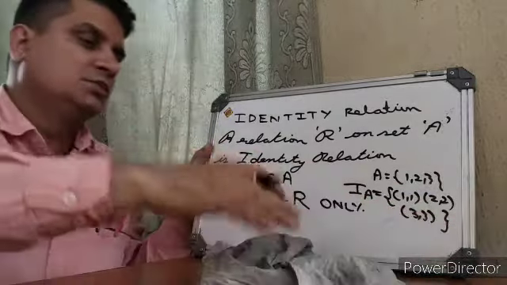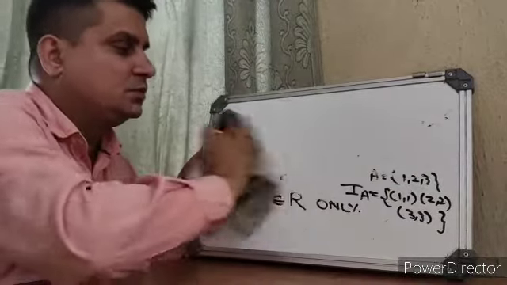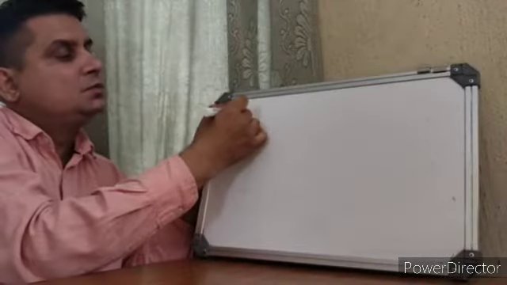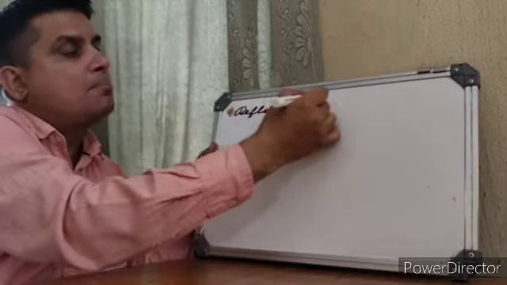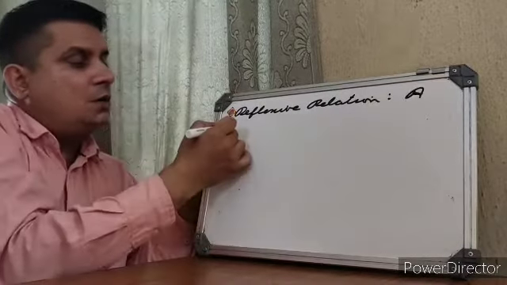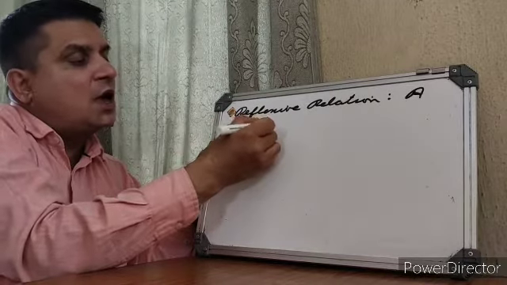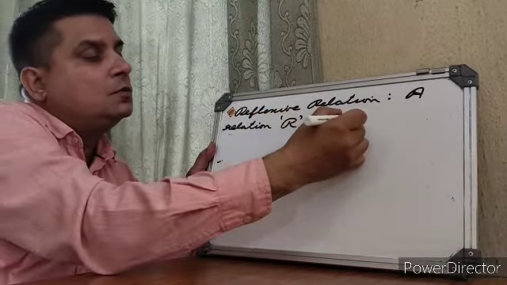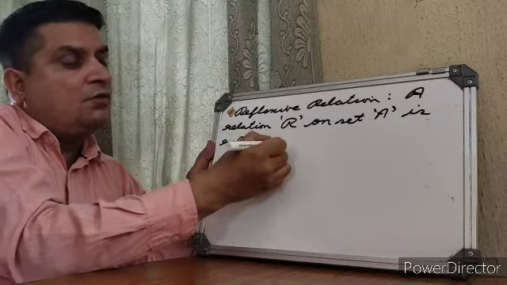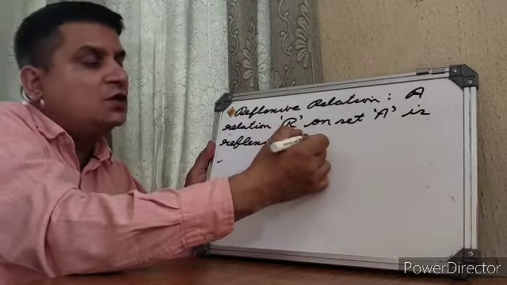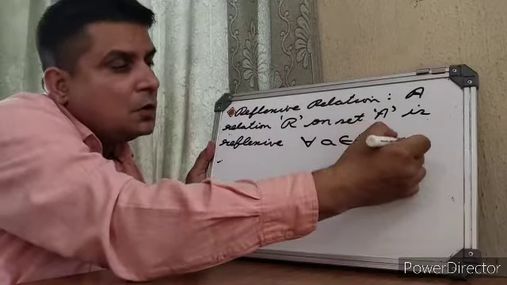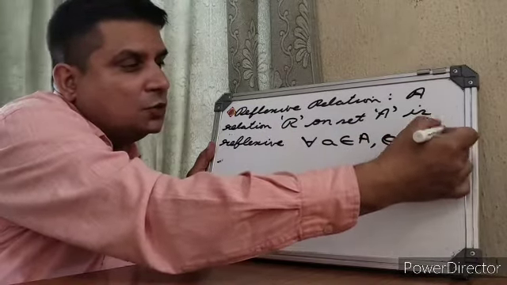Now, next is reflexive relation. A relation R on set A is reflexive if for each and every a belonging to set A, (a, a) belongs to relation.